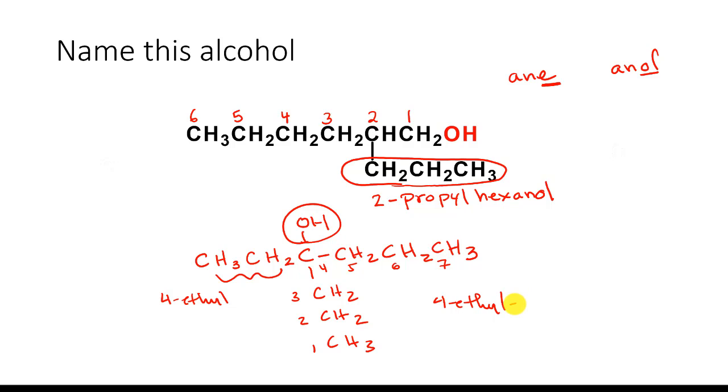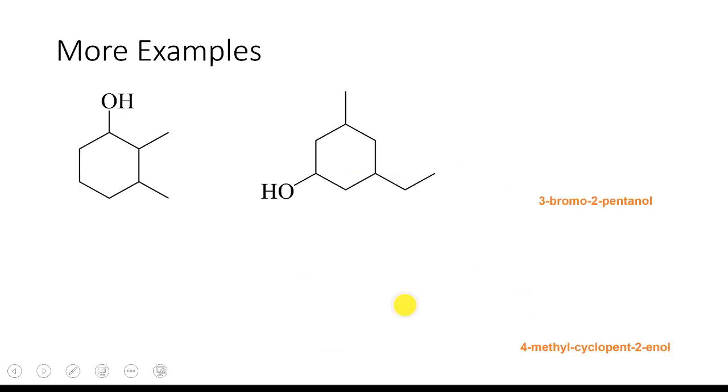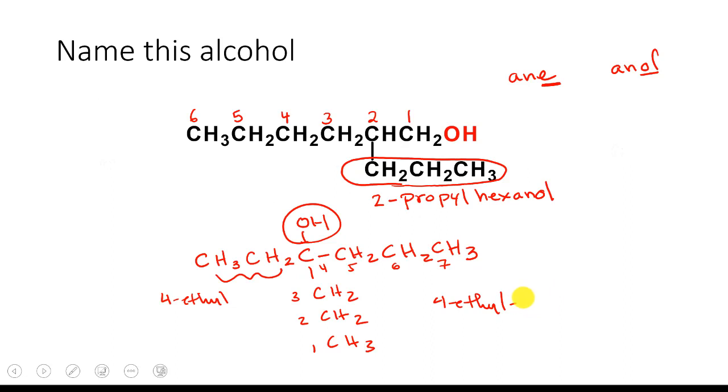You can either put the number in the front for these simple ones, or you put it inside the middle of the name. So this would be a 4-ethyl-4-heptanol. Or you can say hep, tan, and then 4, ol, like that. So either one's acceptable.